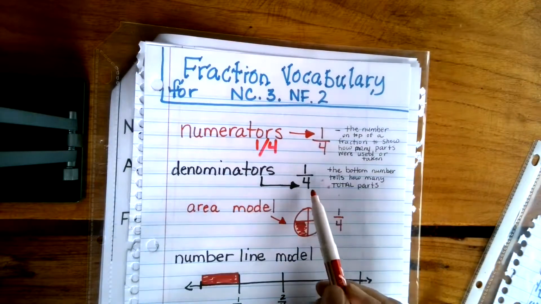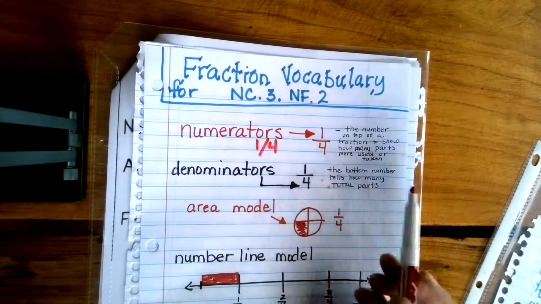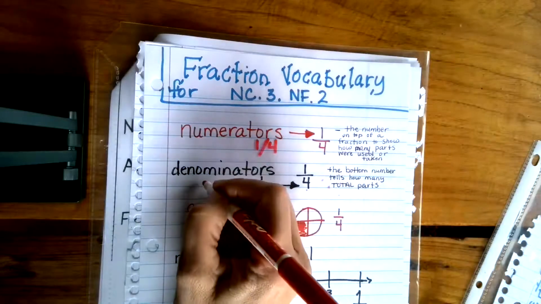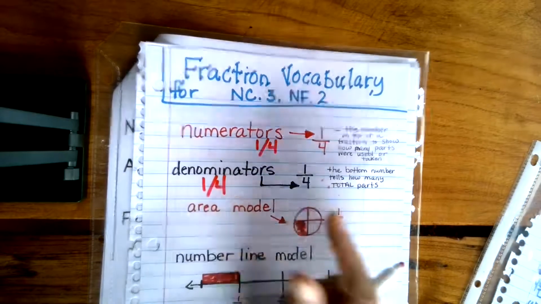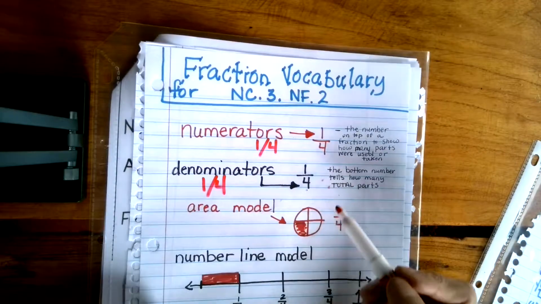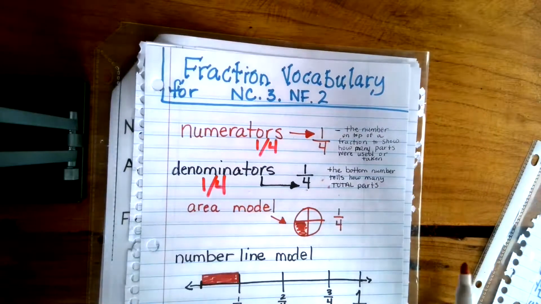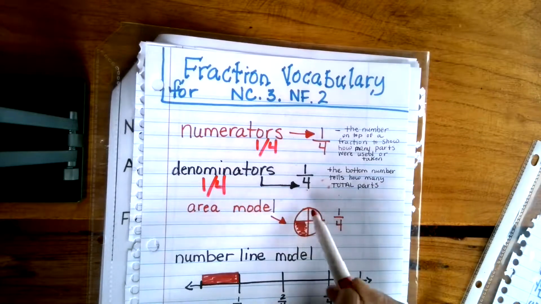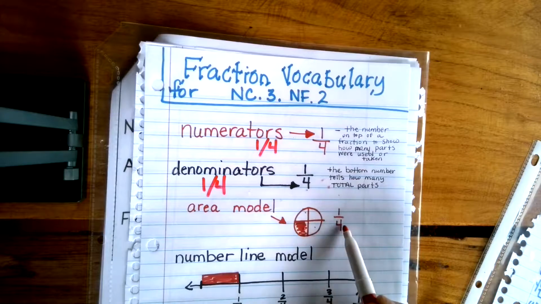Okay? Then we have the denominator. The denominator, I like to say that word denominator, is the bottom number. Or if you write it this way, it's that second number. Okay, and the bottom number tells you the total number of parts in the whole. Okay, so if I have a whole pizza, say this area model drawing is representing a pizza, my total number of parts, 1, 2, 3, 4, is 4.